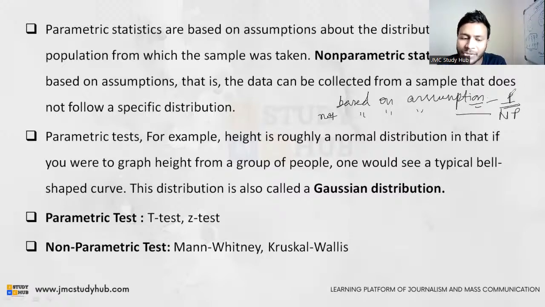Okay, so if a question is asked in the form of an assertion that a parametric test is based on assumptions about the distribution of populations, then it is a true assertion.